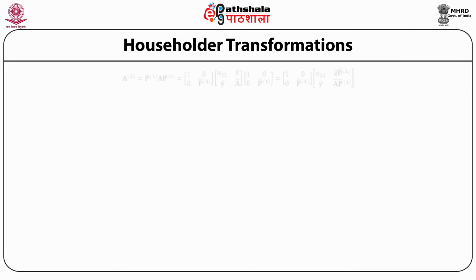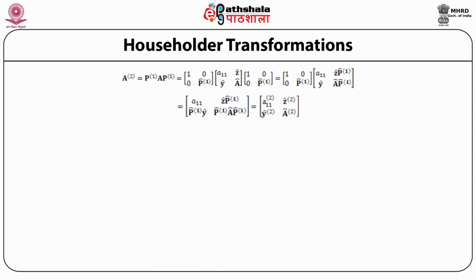Further, A^(2) equals P^(1) A P^(1) equals 1 0 0 P-hat^(1), A11 Z-hat, Y-hat, A-hat into 1 0 0 P-hat^(1). So on solving this further, we get A11^(2), Z-hat^(2), Y-hat^(2), A-hat^(2).